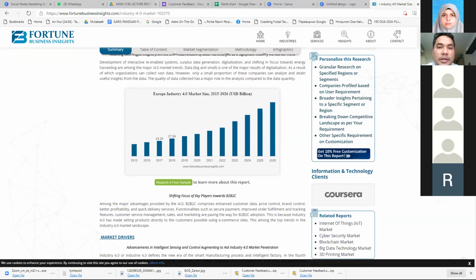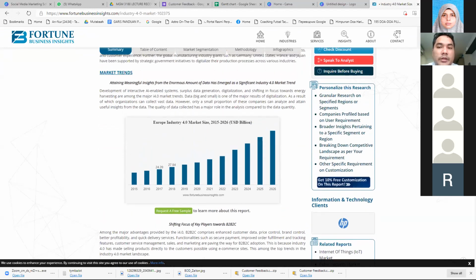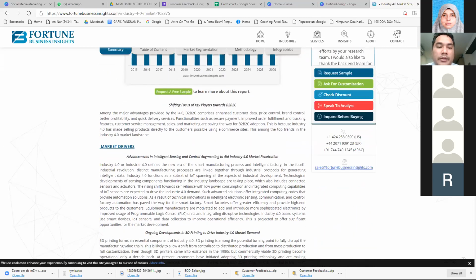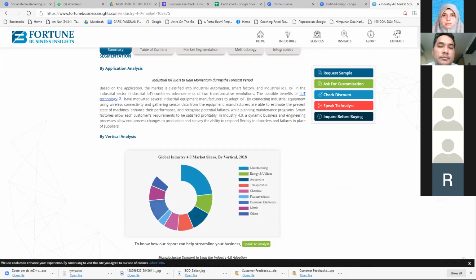This is the market trend for the pre-loved items. For example, currently it is 2020, so you know that the worth of the market is about 27.84 billion. So that is what we call a market size. This is what they have to do.